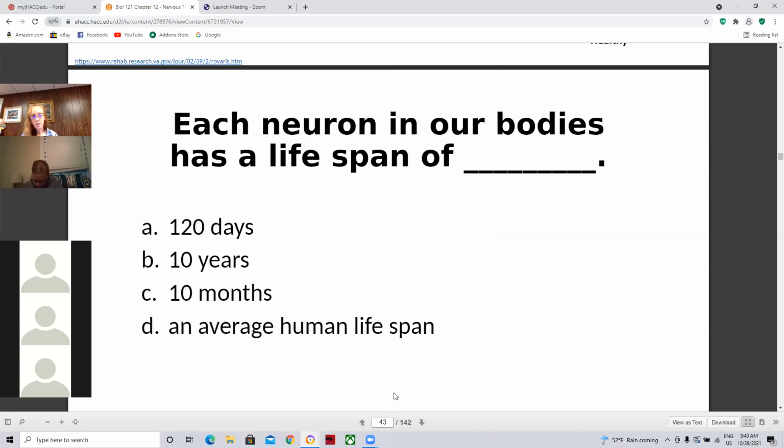Most tumors are forming from the glial cells. So how often do we see regeneration of neurons, or redivision and mitosis of neurons? We don't. So the average neuron has an average human lifespan.